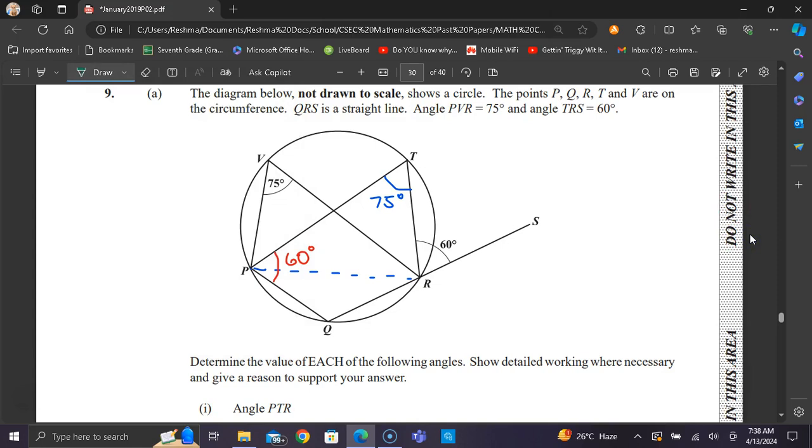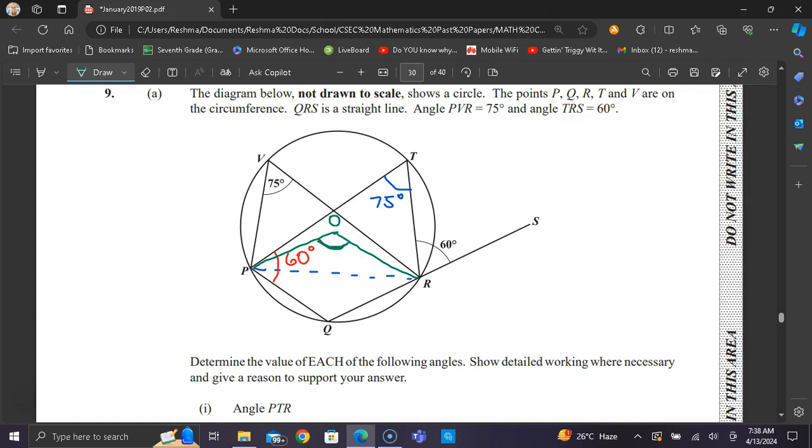Let's assume the center of the circle is this point here, O. For angle POR, I'm going to have to draw in the radii, PO and RO. The obtuse angle that we want to find would be this angle here at the center of the circle.